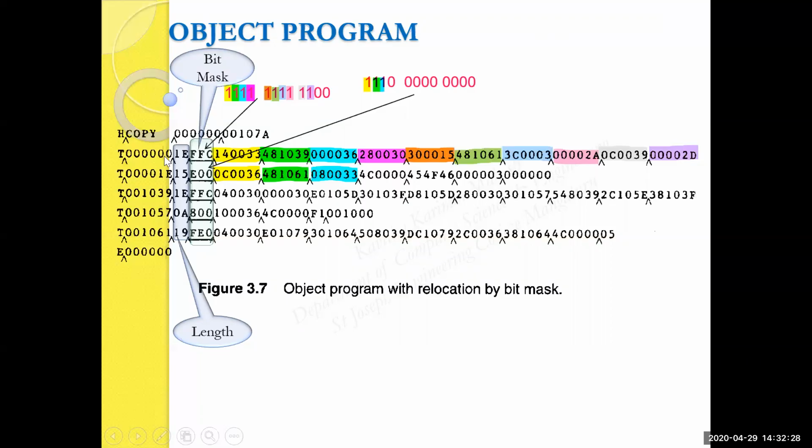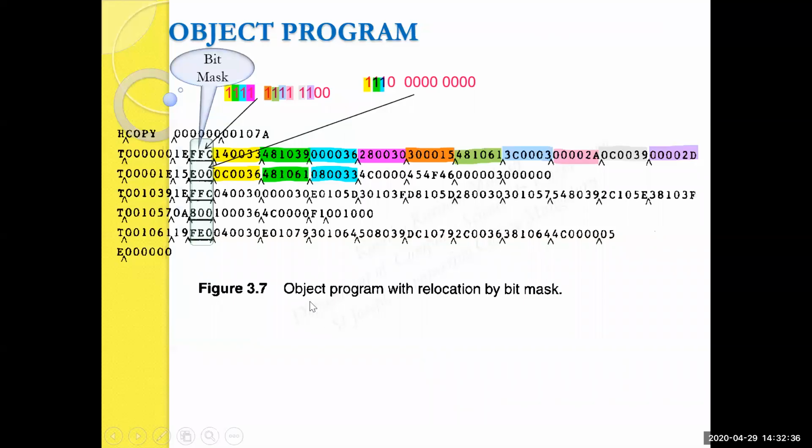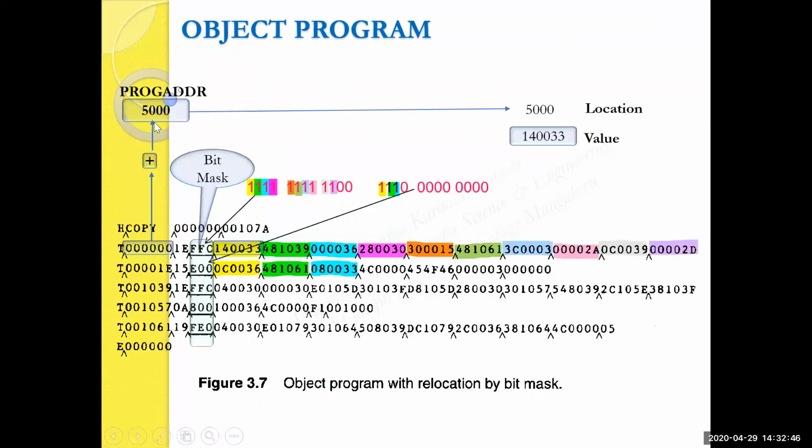So if the specified address is 0 and the program address is 5000, then 140033 would be moved into the location 5000 plus 0, that is, at the location 5000. 140033 would be moved as such provided the relocation bit is 0.